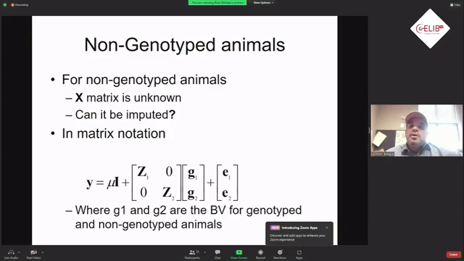The good news is that when we use related individuals, as is the case in livestock and poultry applications, animals in the pedigree are related. And having some genotyped animals that are related to non-genotyped animals, that in itself is a piece of information that could be used in order to infer the missing genotypes for non-genotyped individuals. And that's the basic idea. How to get it?